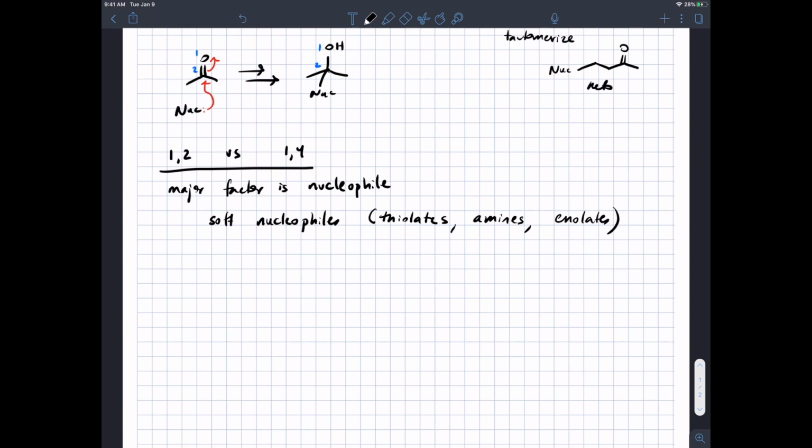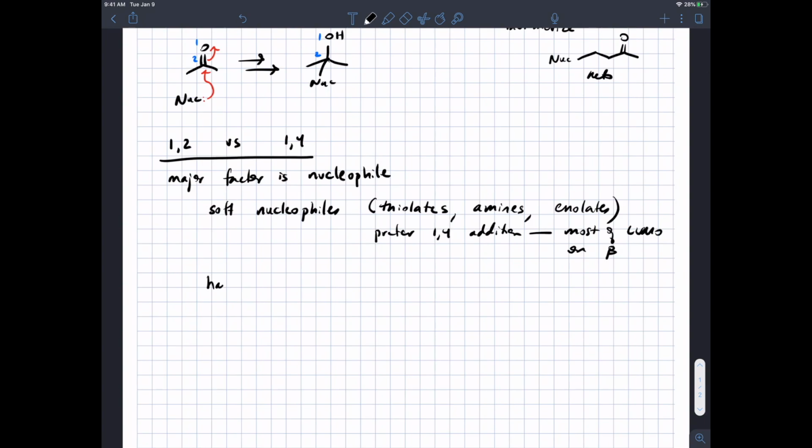And these will prefer 1,4 addition simply because most of the LUMO is on the beta carbon. Hard nucleophiles are those that are small, not particularly polarizable, very basic.